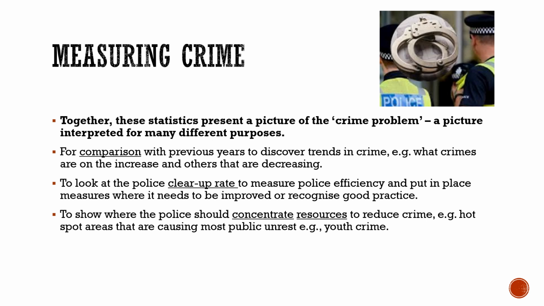So it allows you to make direct comparisons with previous years and look at those different trends, particularly what types of crime are on the increase, what types of crime are on the decrease, and as a result, that helps you look at what the social issues may be behind the types of crime.